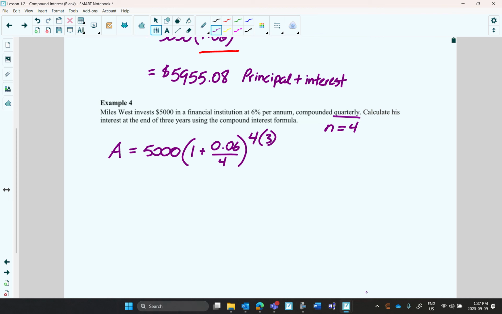And now we just calculate. So if I do 0.06 divided by 4 on my calculator, I should get 0.015. And then the exponent is going to be 4 times 3, which is 12.